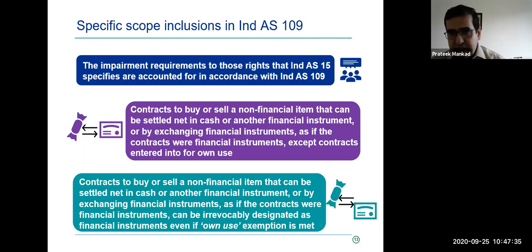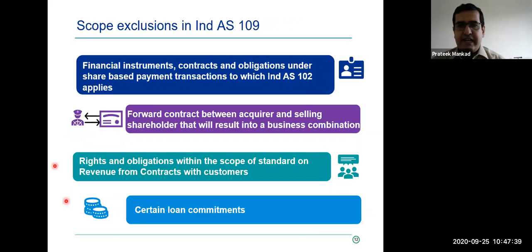Okay, there was a question around loan commitments. Basically, a loan commitment is where a lender today tells the borrower, I will commit to give you a loan at this specified rate of interest. You can avail this loan at any time in the next 6 months.